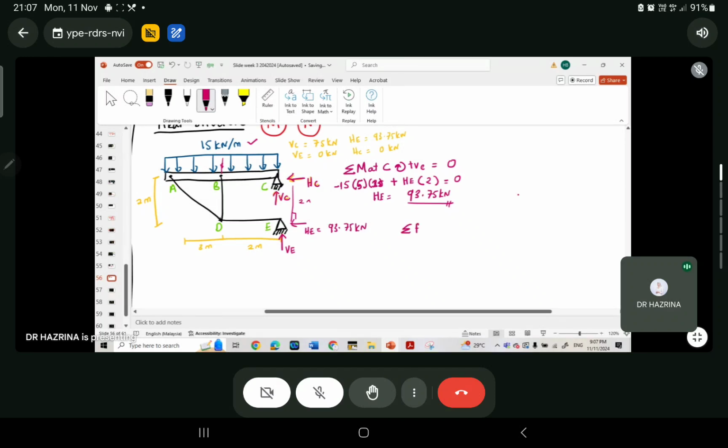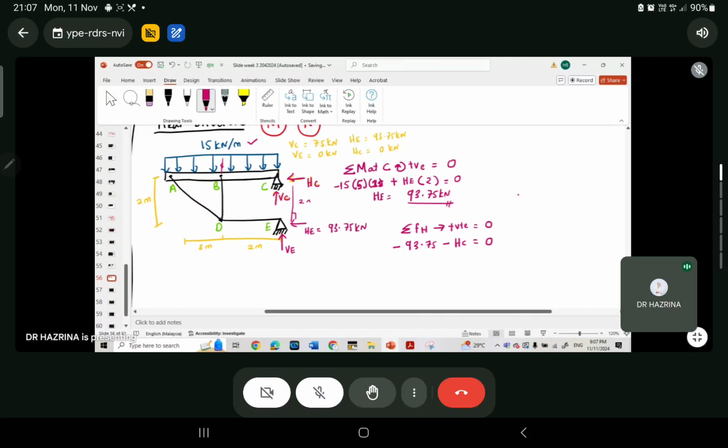So submission of forces horizontal ke kanan positif equals to 0. So HE ke kiri negatif 93.75 minus HC sama dengan kosong.